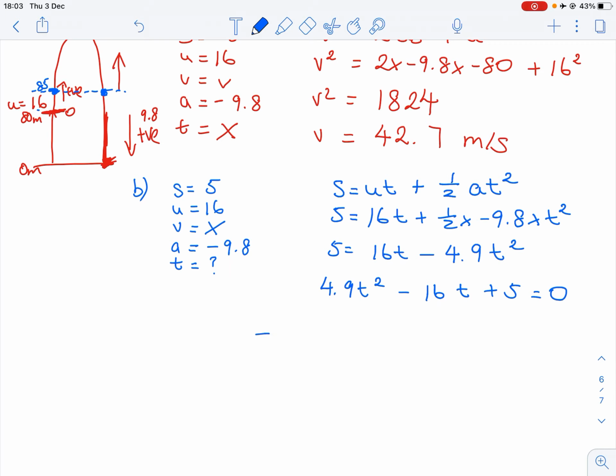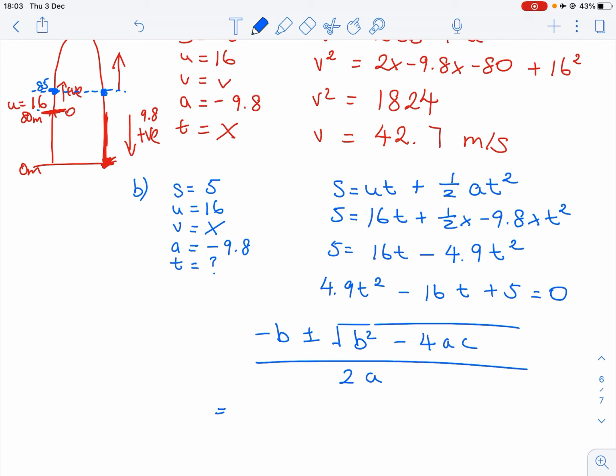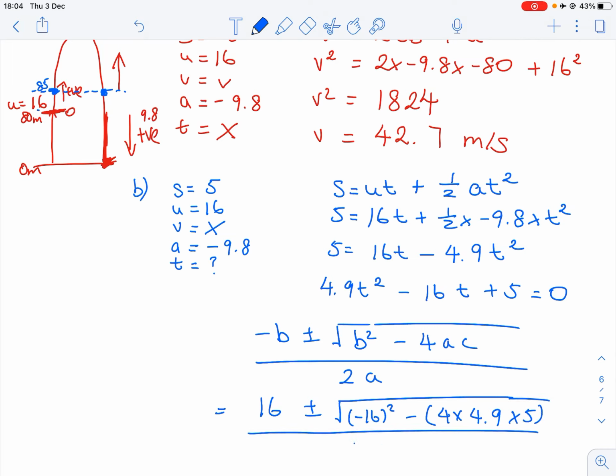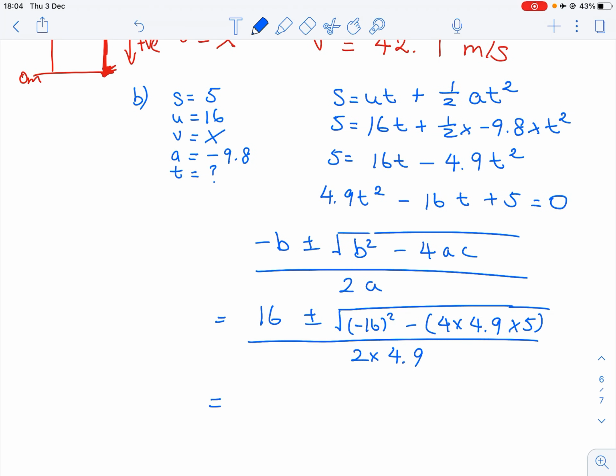We can use our quadratic formula to help us find the values for t. So b is minus 16, so minus b is 16, plus or minus the square root of 16 squared minus 4 times 4.9 times 85, all divided by 2 times 4.9. We need to type this into our calculator.